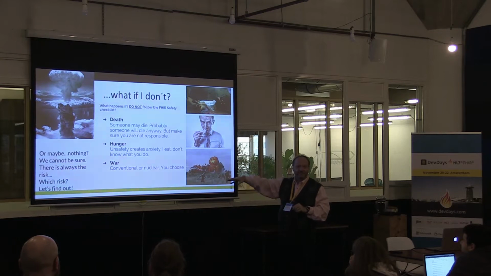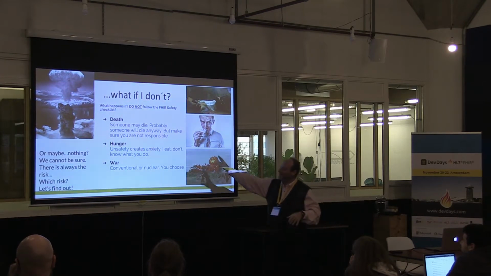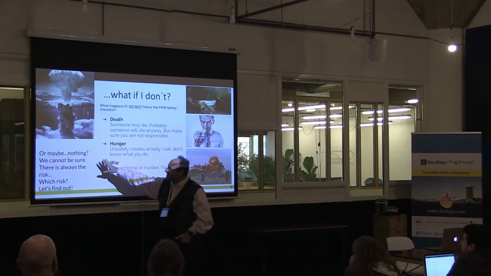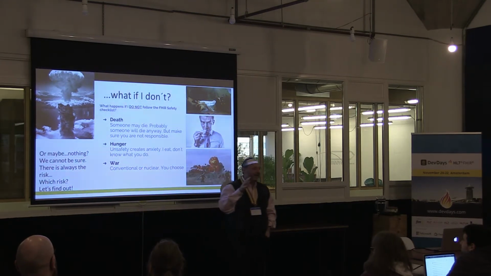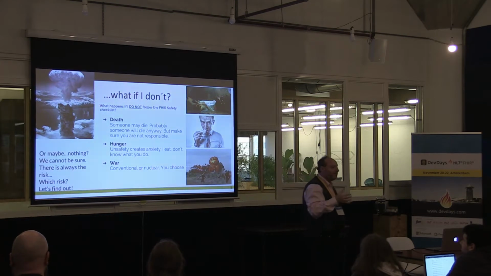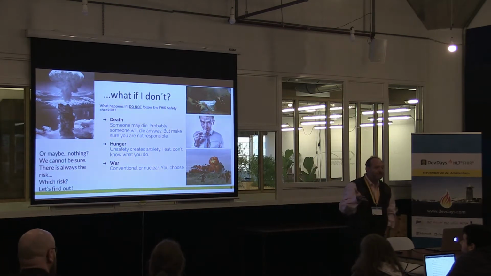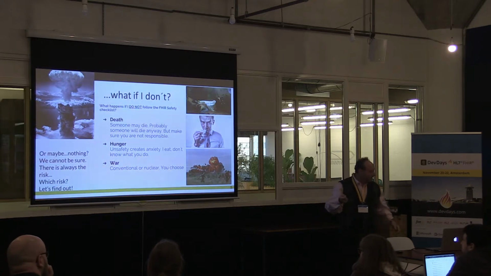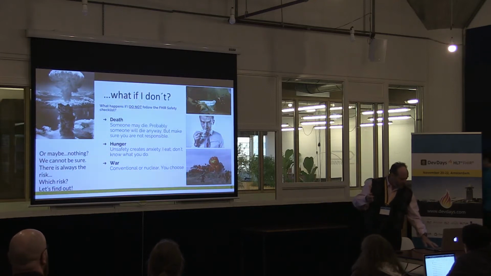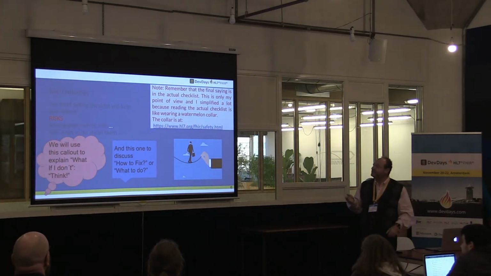All of it. Well, no, not that, but some things may happen. And when some things may happen, we refer to that as risk. Which are the risks? What happens if I don't do this? So what we are going to find out are the risks.